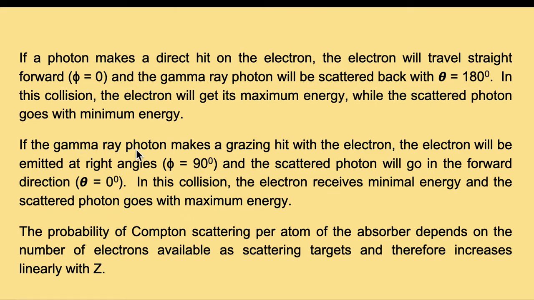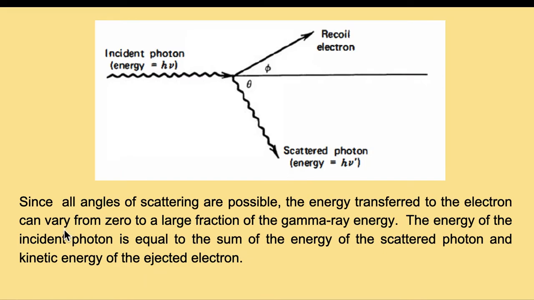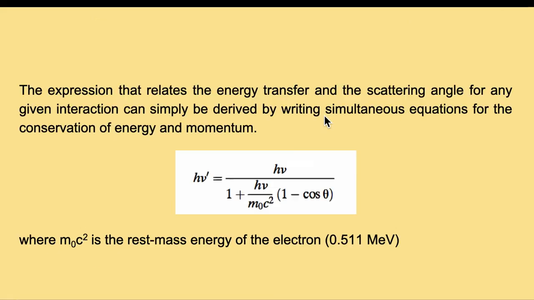And if the gamma ray photon makes a grazing hit, the electron will be emitted at right angles. That means φ is equal to 90 degrees and the scattered photon will go in the forward direction, like here. A grazing angle means this will go directly and the electron will be moving like this. That means φ is equal to 90 degrees and this will be 0.